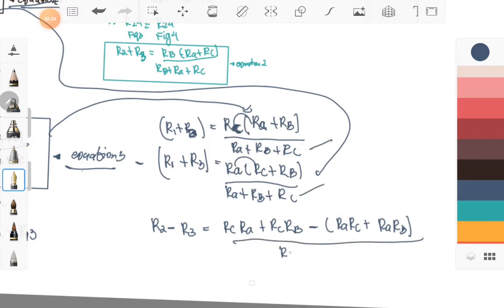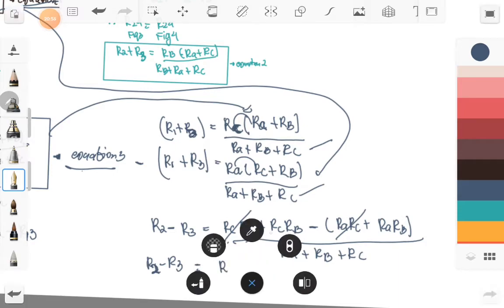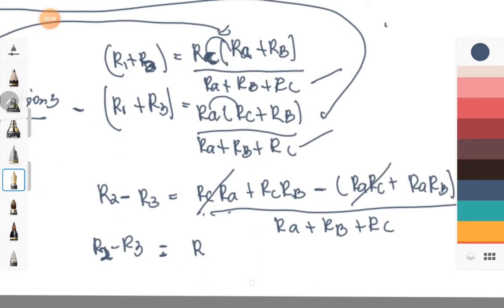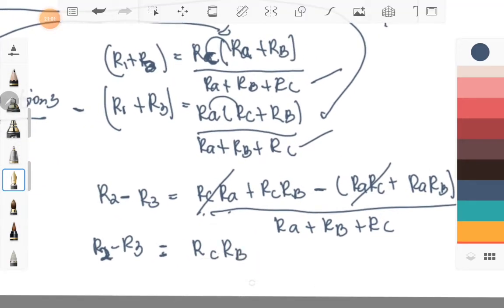Since equal yung denominator nila, so walang problema. We will just copy it. Okay? Plus RC. Right? So RC RA plus RC RB minus RA RC plus RA RB. So our RA RC, parehas to. So therefore, I may say that my R2 minus R3 is equal to RC RB minus RA RB.